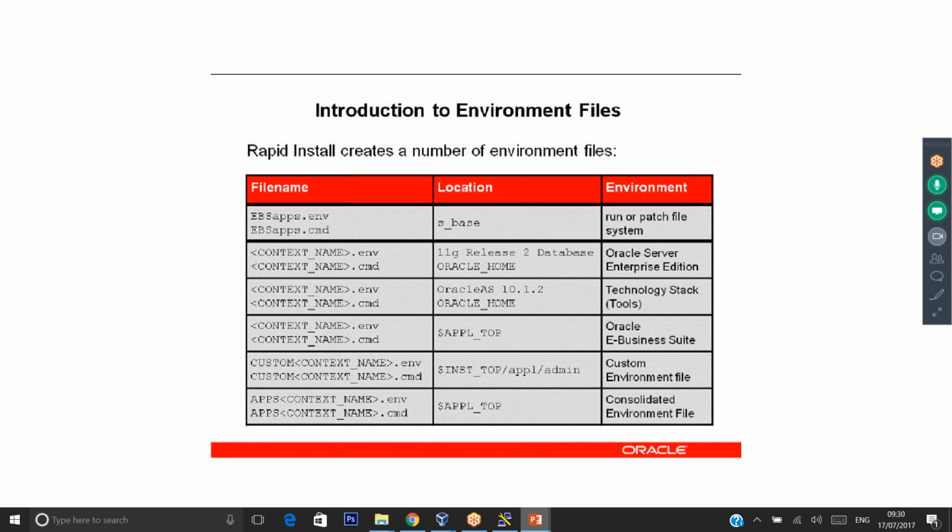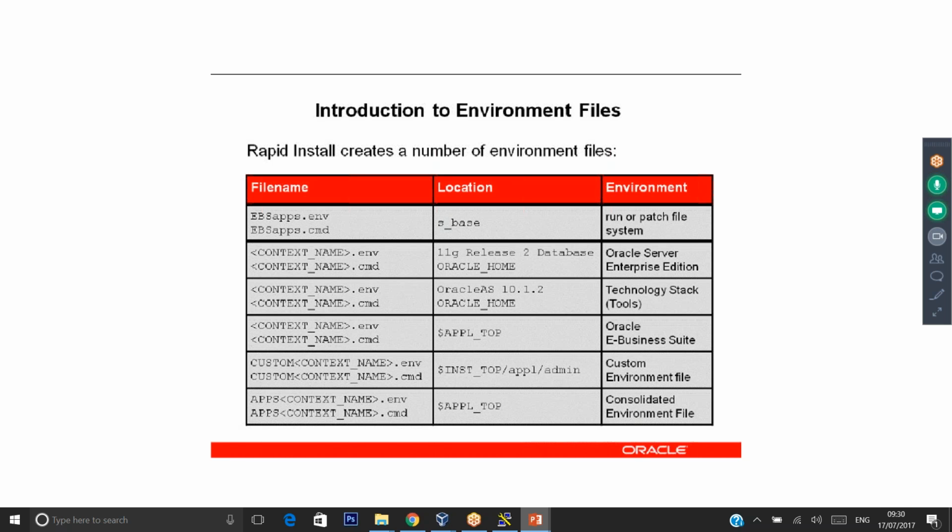Next, under APPL_TOP, you would see the same thing, and another context file, the custom context name.env, under different locations, something like that. There are so many environment files Oracle has introduced on the application side, and how do you make use of them? Which one do you need to source? You may get that doubt.